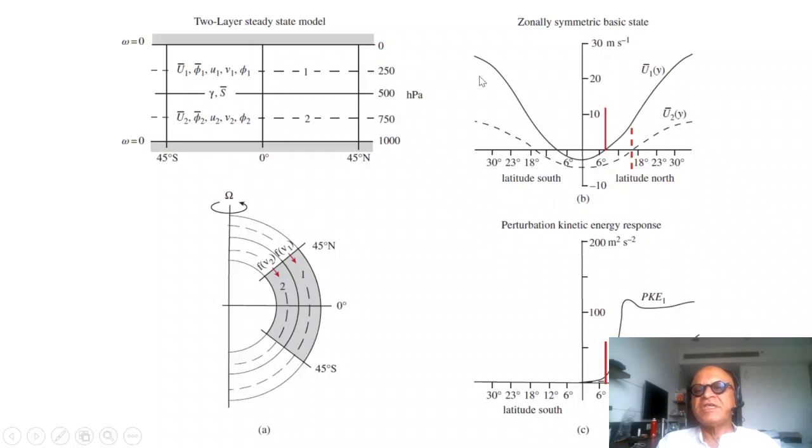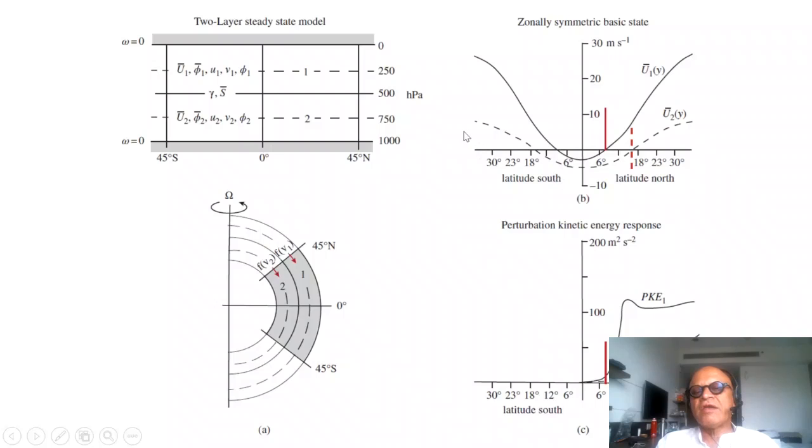The zonal symmetric basic state looks like this. So this is in latitude, so there is no variation in the longitudinal direction. So in the upper layer you have strong westerlies with weak easterlies in the middle. So you are going around the equator.